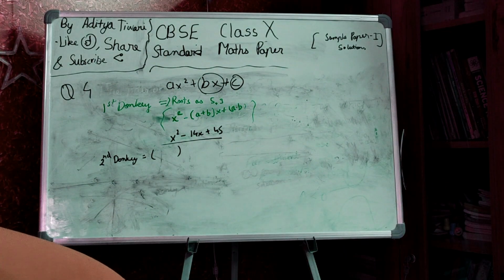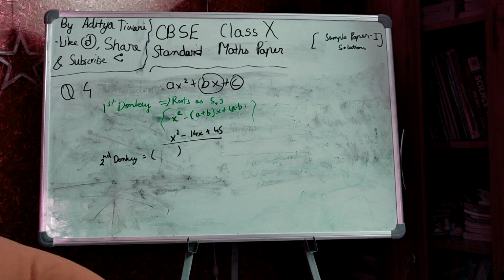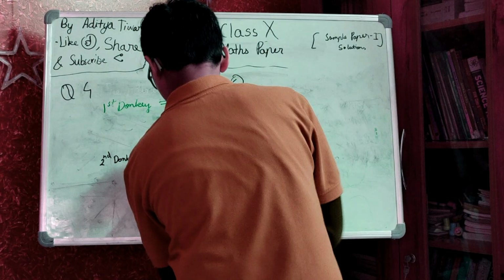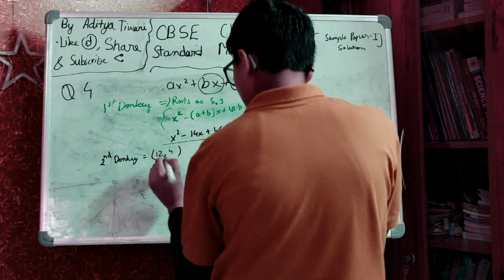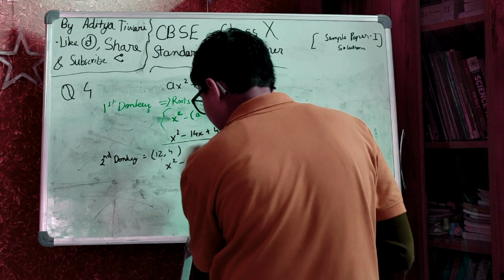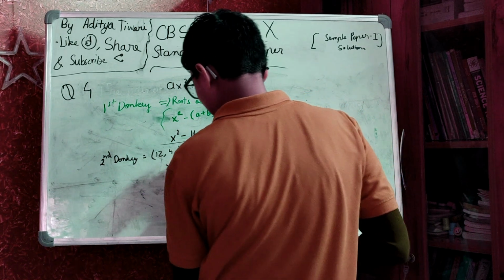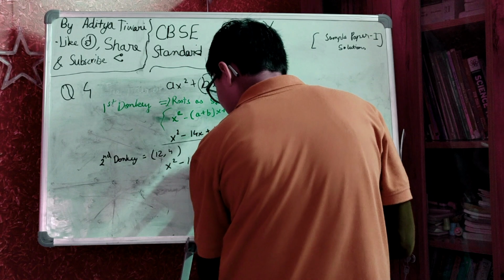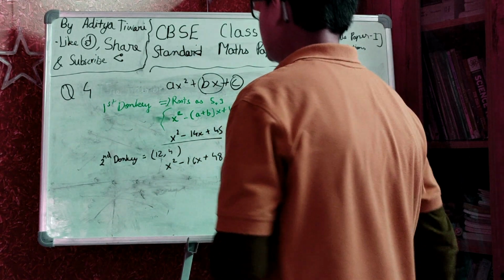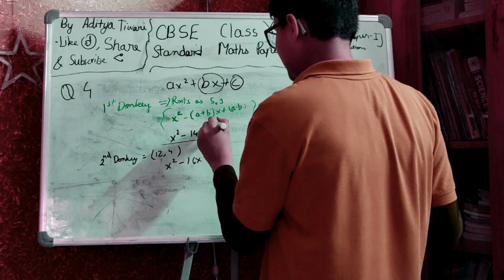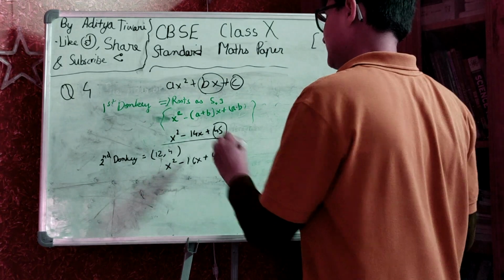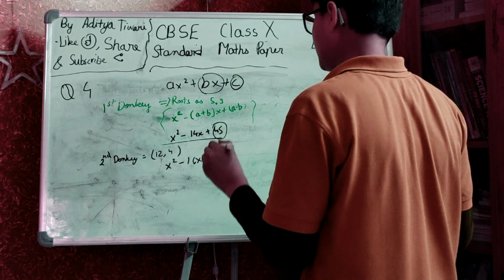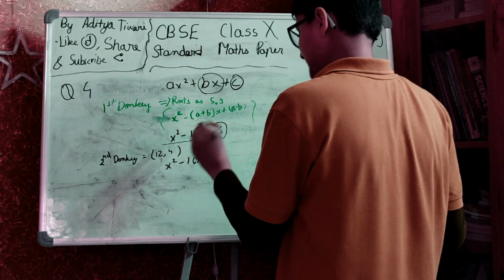They also got 2 roots, which were 12 and 4. So x square minus 16x plus 48.